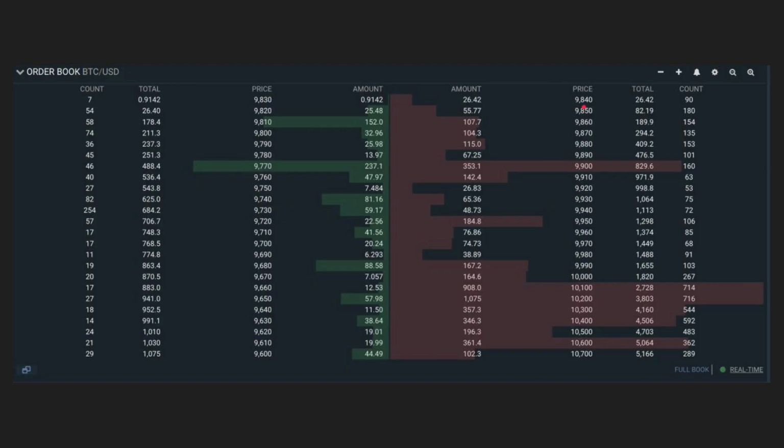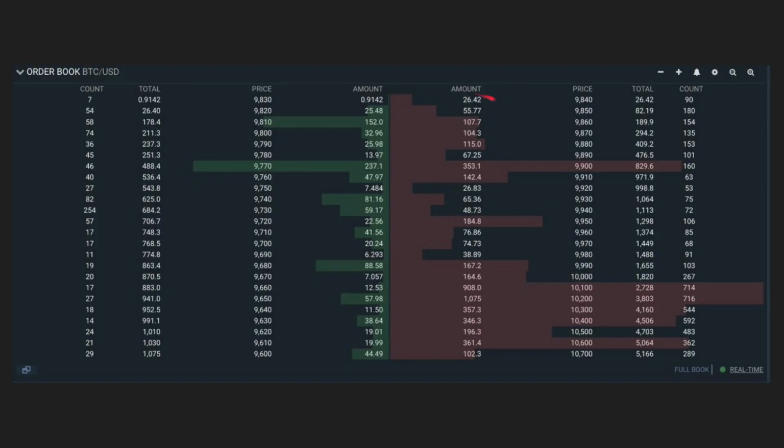Looks like price was currently at about 9,830 was the highest bid, and the lowest sell was 9,840. So price is somewhere bouncing between 9,830 and 9,840. So we could comfortably say it's somewhere around there.